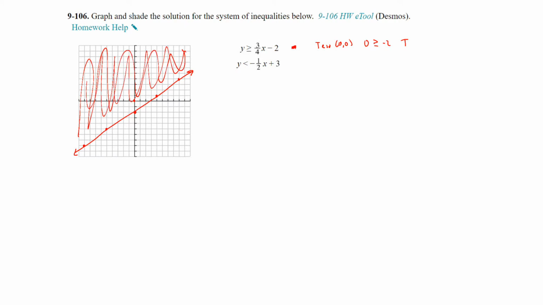So there's that. We'll do the next one in blue. So that has plus 3 as the y-intercept, and then negative 1/2: down 1 to the right 2. You can also go up 1 and to the left 2. And this one is a dotted line, because there is no equal sign.